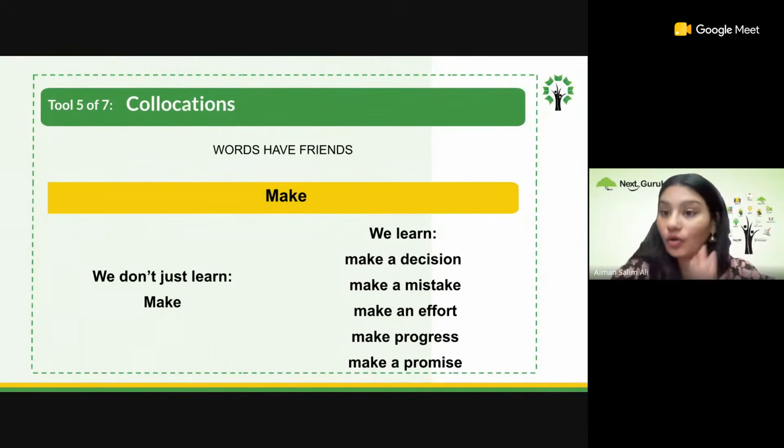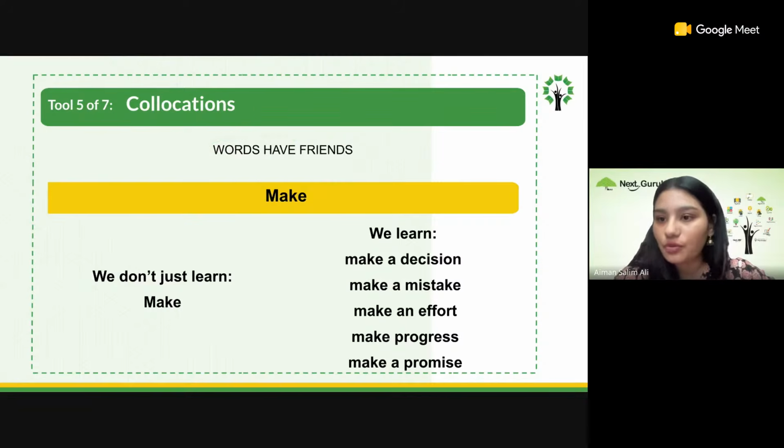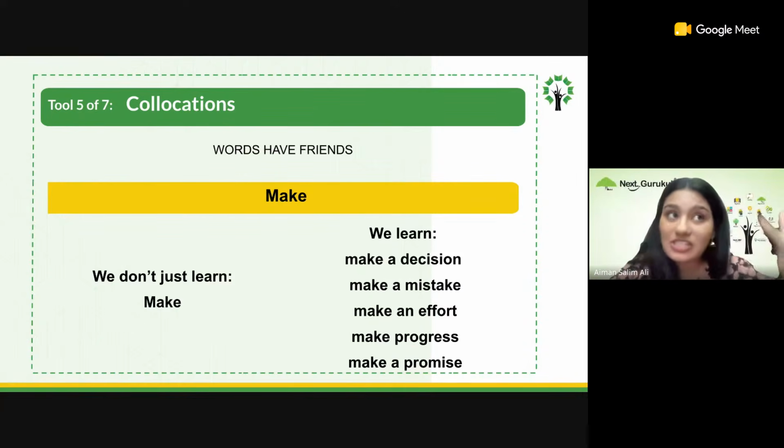Okay, so collocations. Words have friends, right? Whenever we try to teach a new word or teach the meaning of a new word, we just don't tell them, okay, what is the meaning of make? What is the meaning of create? What is the meaning of enraged? We just don't teach them one word, or we just don't learn one singular word.